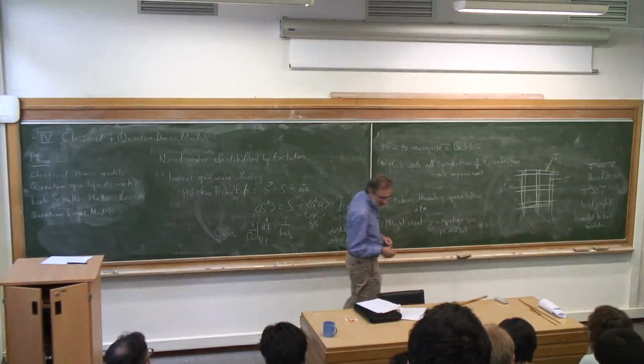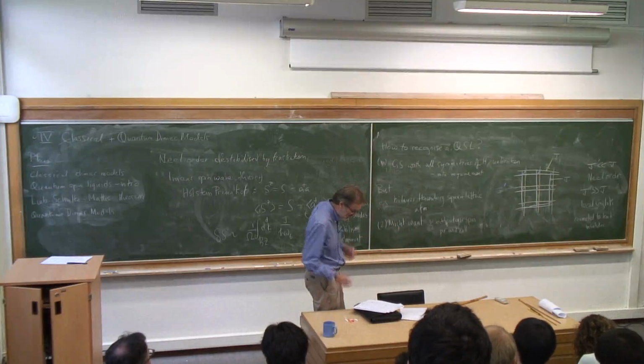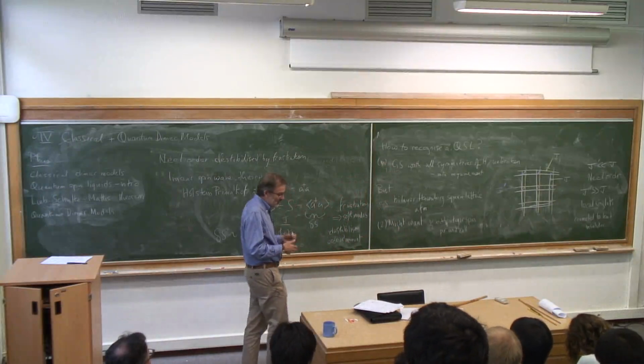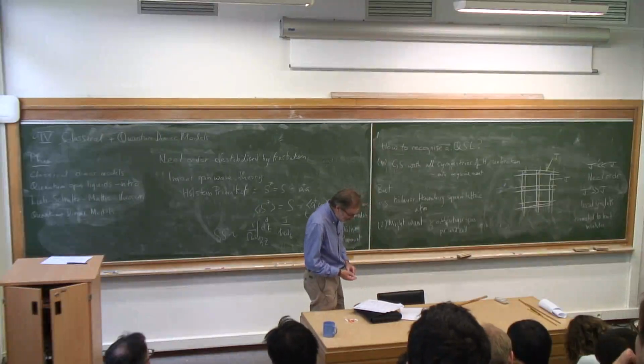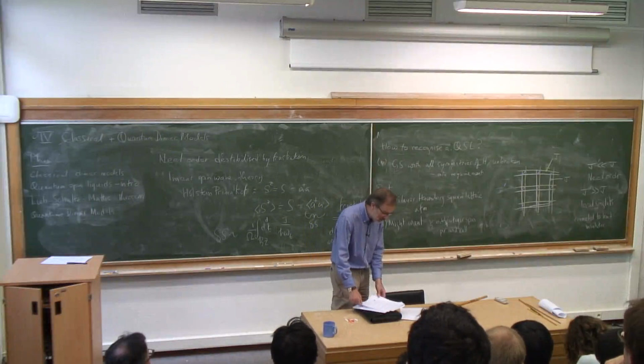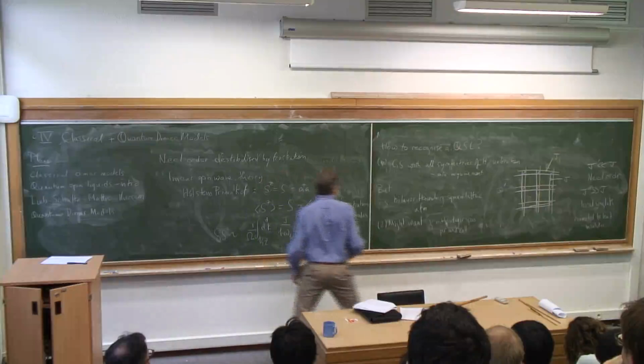And in fact, we now realize, although the theorem is much older than this understanding, that if the system is quantum disordered, it must have degeneracy in the ground state for topological reasons.